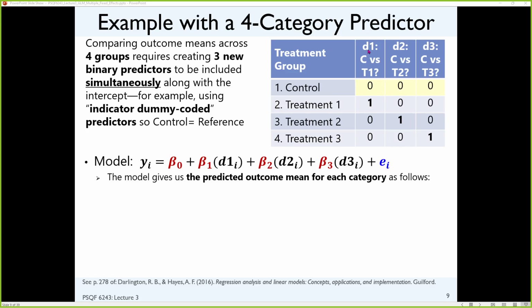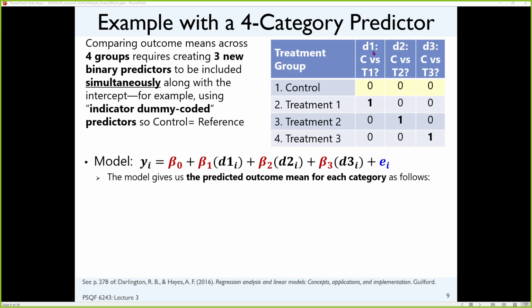So I have 3 new predictors that have to be created to differentiate 4 categories, and I'm calling them D1, D2, and D3, where D stands for difference. And it's 1, 2, 3 because it's treatment 1, 2, 3. So you can name these whatever you want. I encourage you to come up with names that are short, easy to type, and still meaningful.